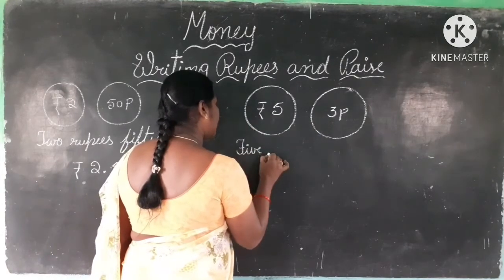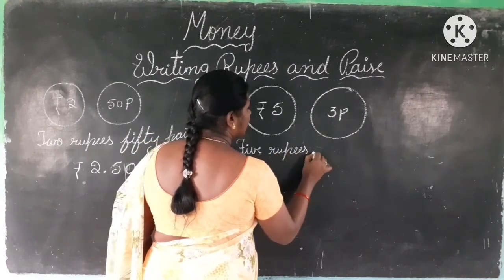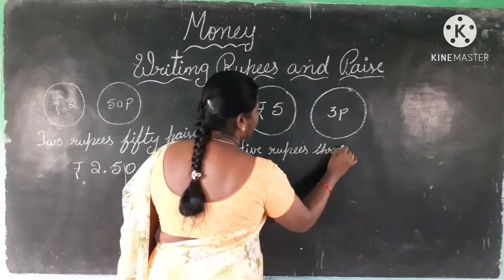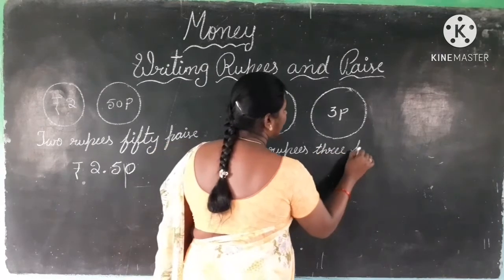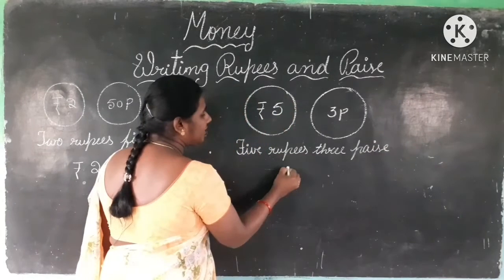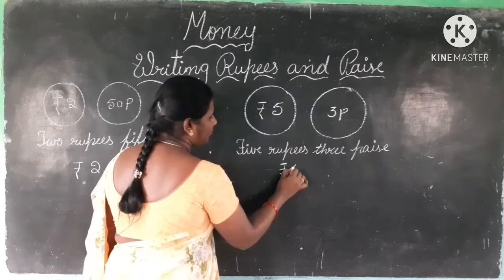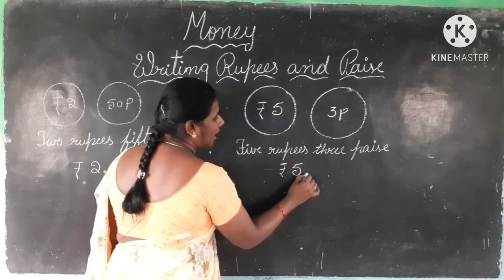How should we write this in figures? Rupees 5 dot.